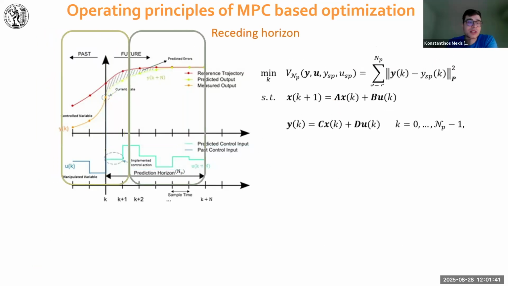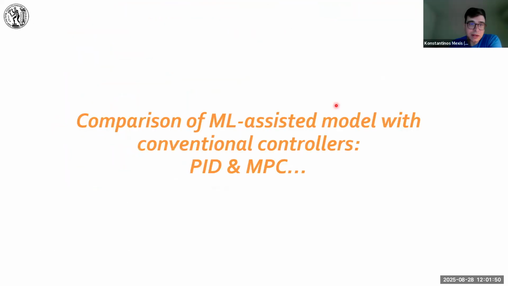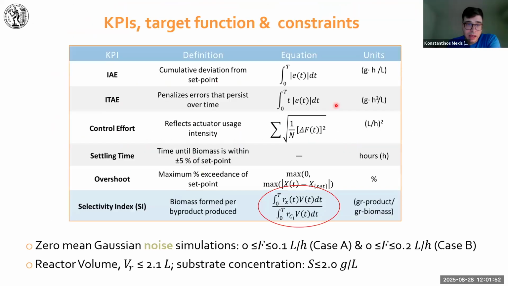This is how it looks: the prediction horizon shifts in time, and the digital twin builds memory and knowledge as new data come in. We performed some simulations, some in silico experiments for the control, based on the data provided by Toulouse.